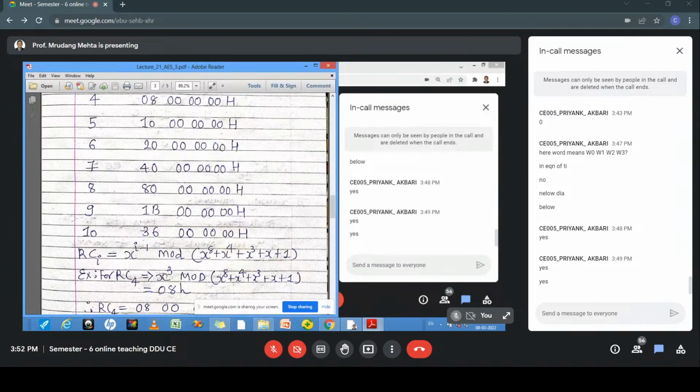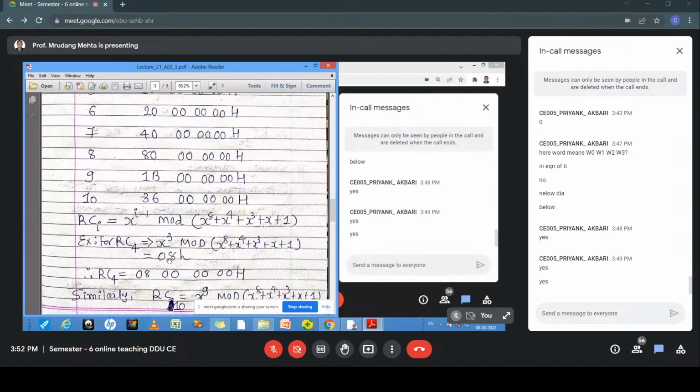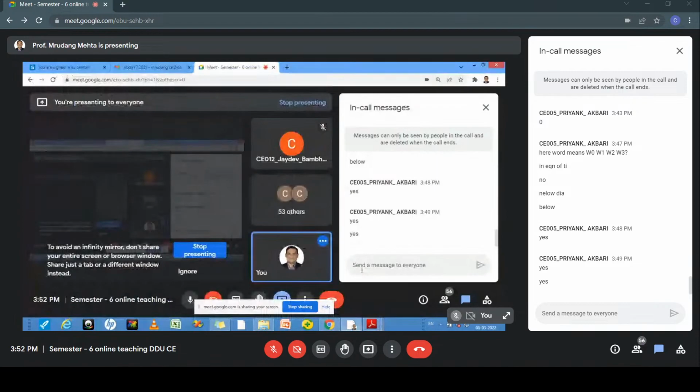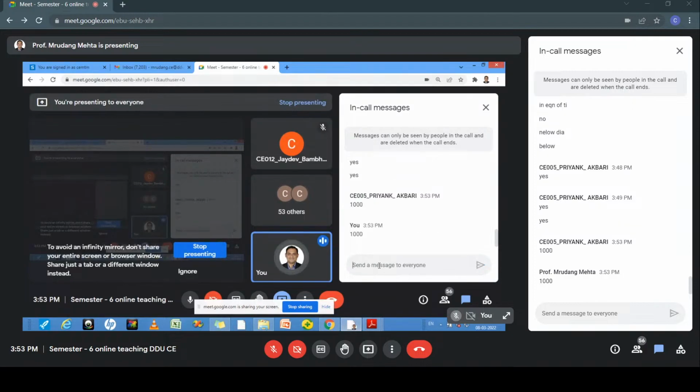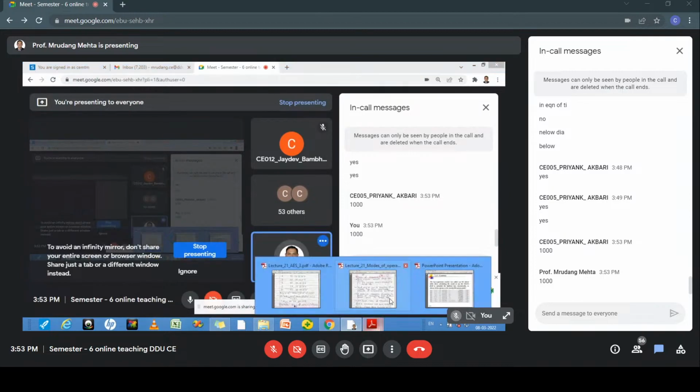X cubed means, how do we represent it in binary? X raised to 0 is 0, x raised to 1 is 0, x raised to 2 is 0, and x raised to 3 is 1. So this is equal to 8, right?